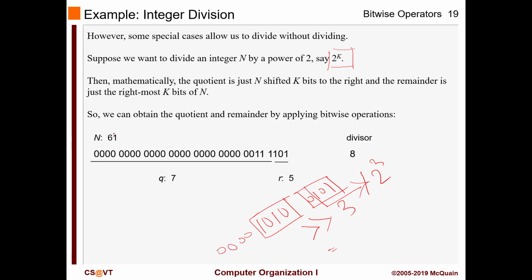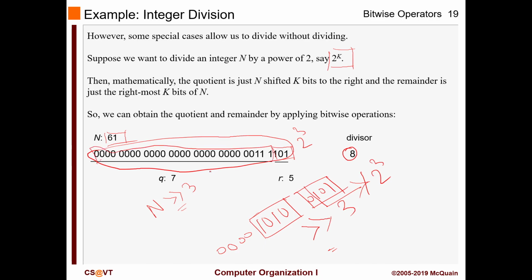In this case, this whole number is 61, and I want to divide it by 8. We know that 8 is 2 to the power 3. So all we have to do is take n and right shift it by 3. This part is going to be thrown away, and this is the division, which is 7.